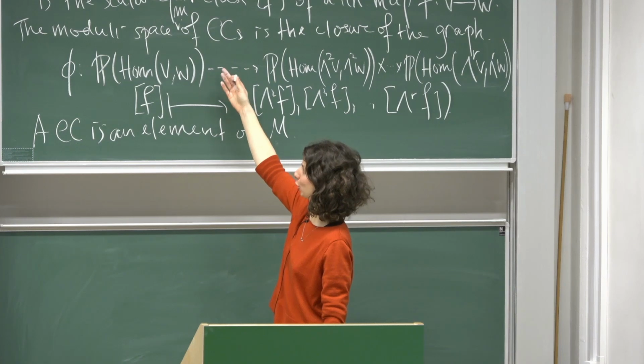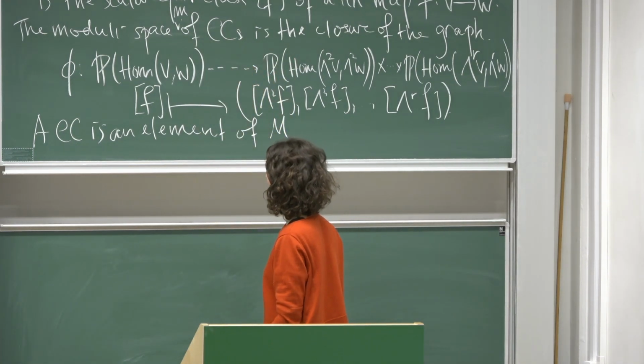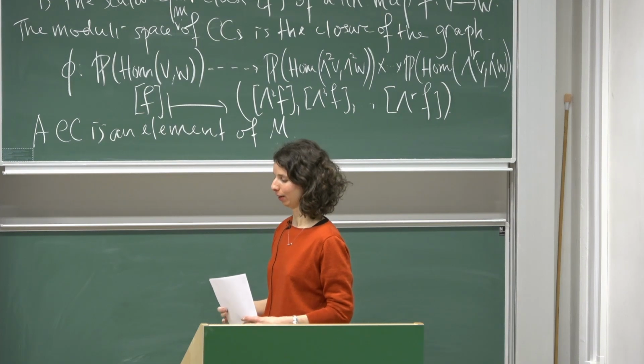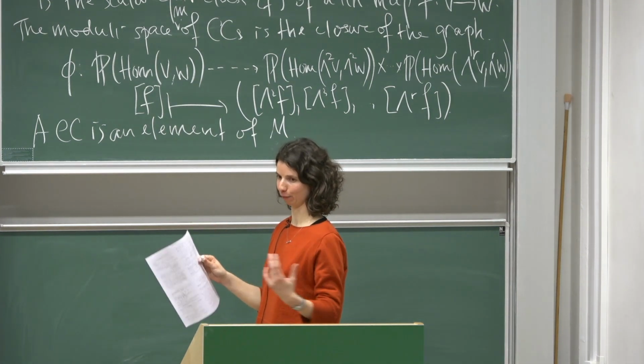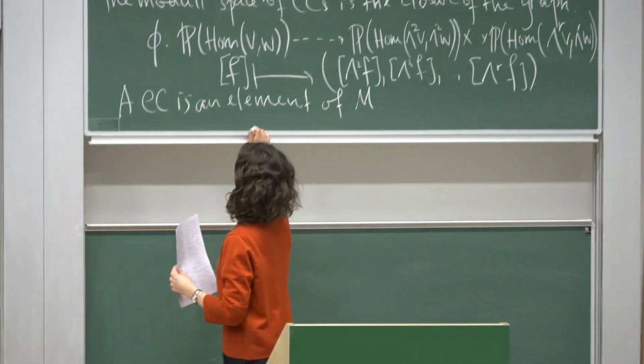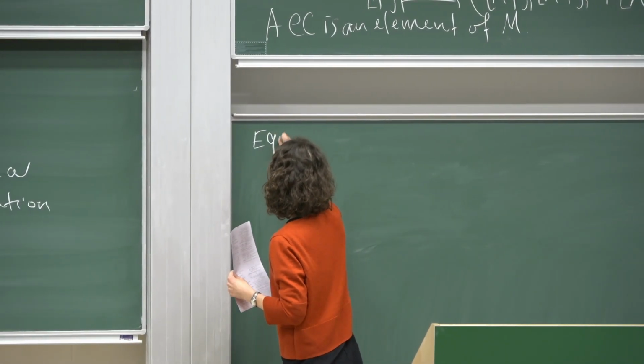He then shows that the thing that you get is actually the same as this moduli space. And when you look at it from that perspective, it's easier to describe what points in that moduli space look like from the blow-up perspective. And so let me write down, equivalently.